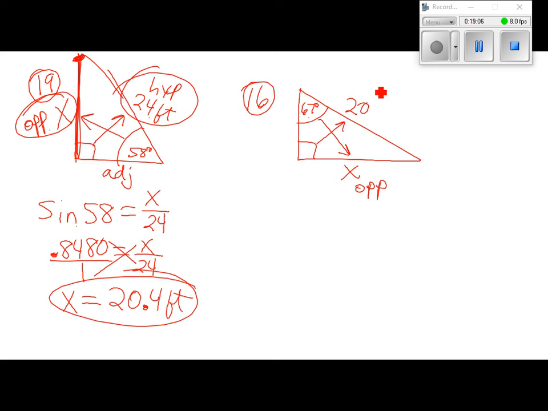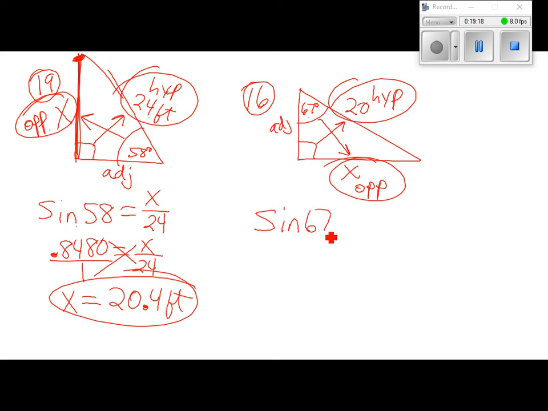That's your hypotenuse. This would be your adjacent leg. The ones that we care about this time are opposite and hypotenuse. So that again is going to be the sine. So we do the sine of 67. This is just about like the last problem. Sine of 67 equals opposite over hypotenuse, so x over 20.